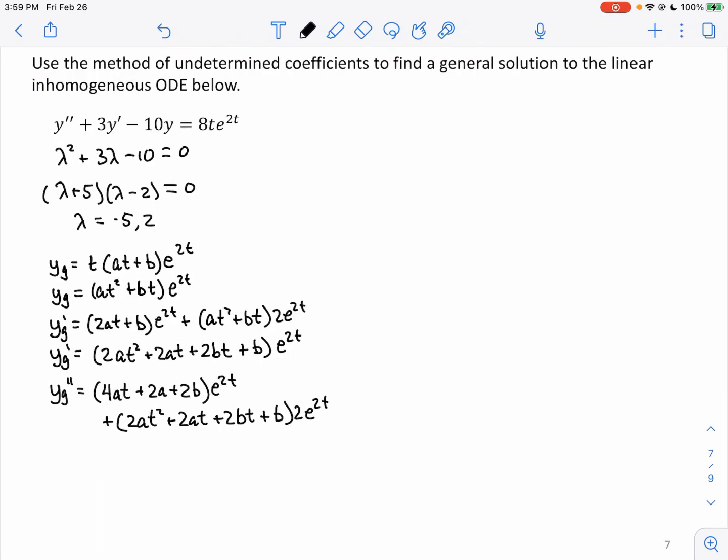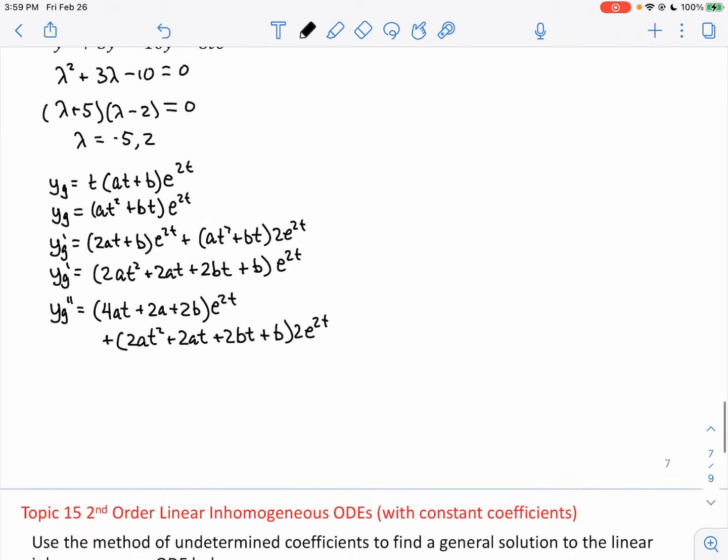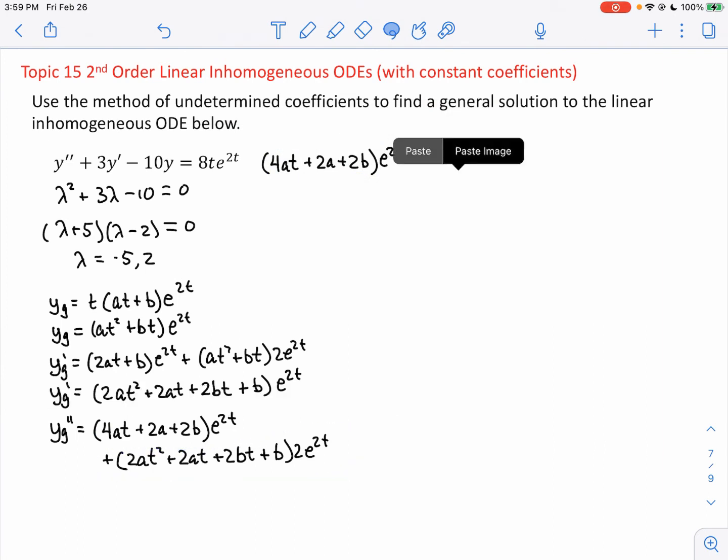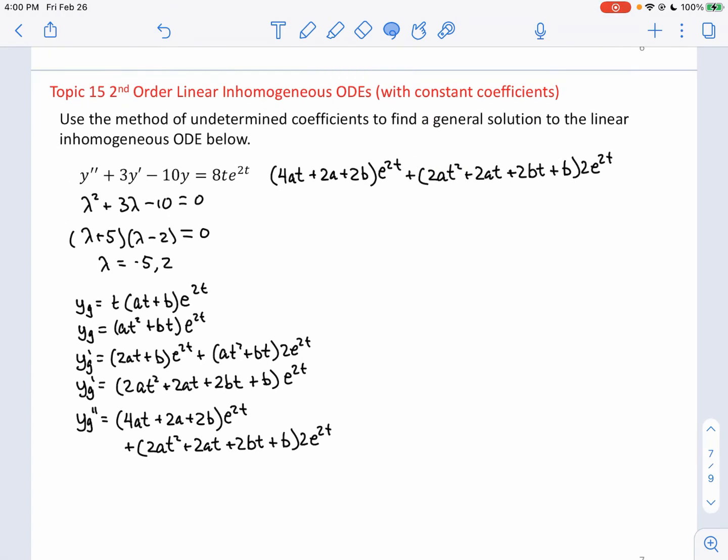Okay, so there's our second derivative. And now we get to plug these into our differential equation. So y double prime. I'm just going to copy some of these things. All of that alone is y double prime. That's just this part right there.